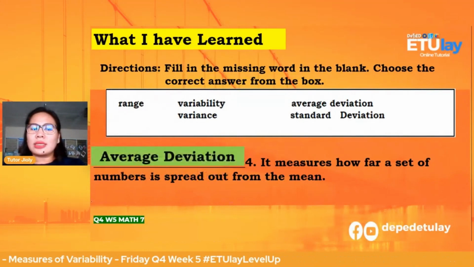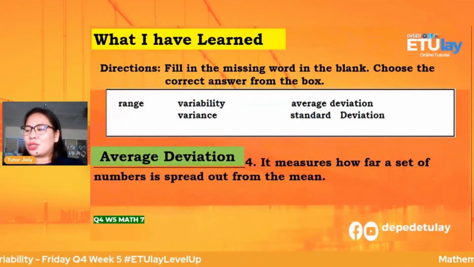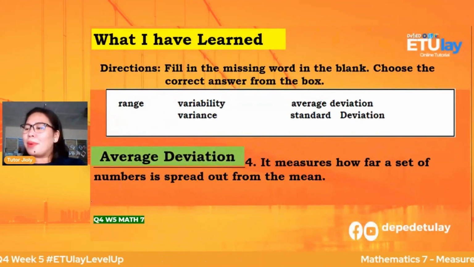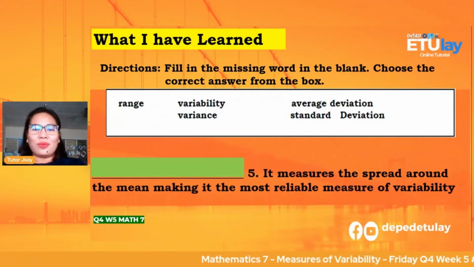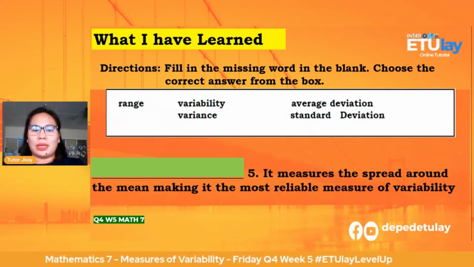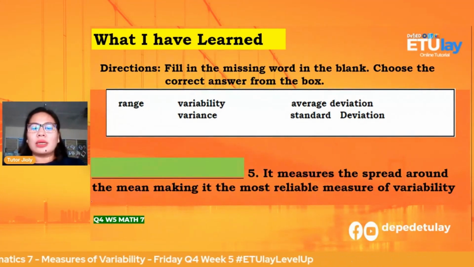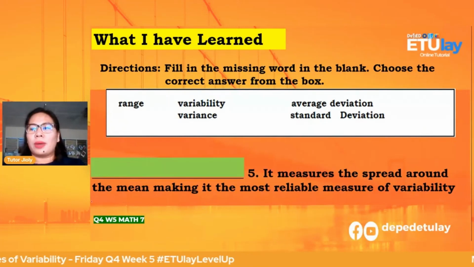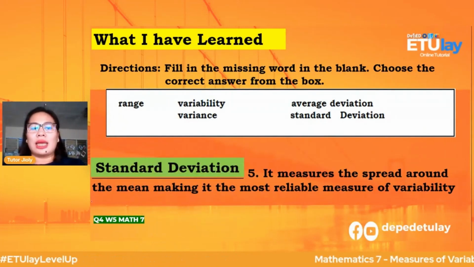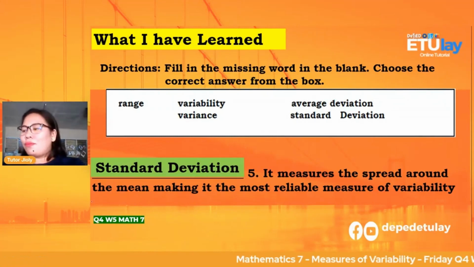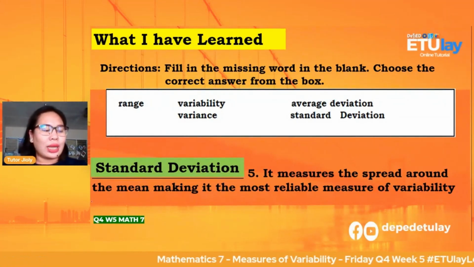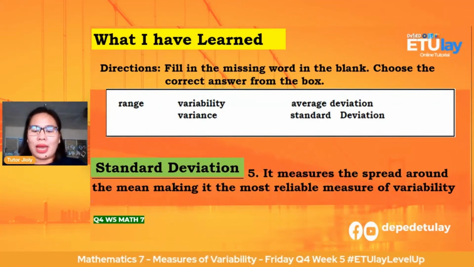So that is average deviation. Then we have the last one. It measures the spread around the mean, making it the most reliable measure of variability. What is the answer for that question? Okay, that is standard deviation, mga anak.